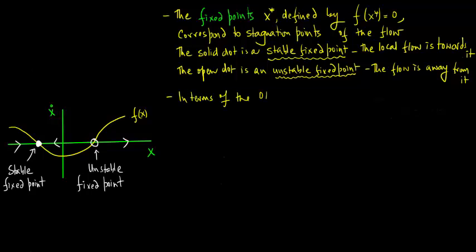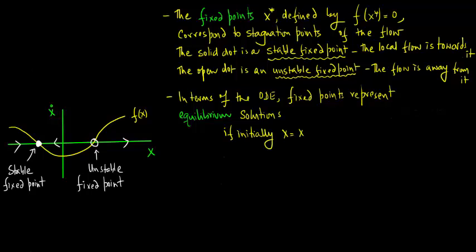In terms of the ordinary differential equation, fixed points represent equilibrium solutions. If initially x is equal to x star, then x of t is equal to x star for all t.